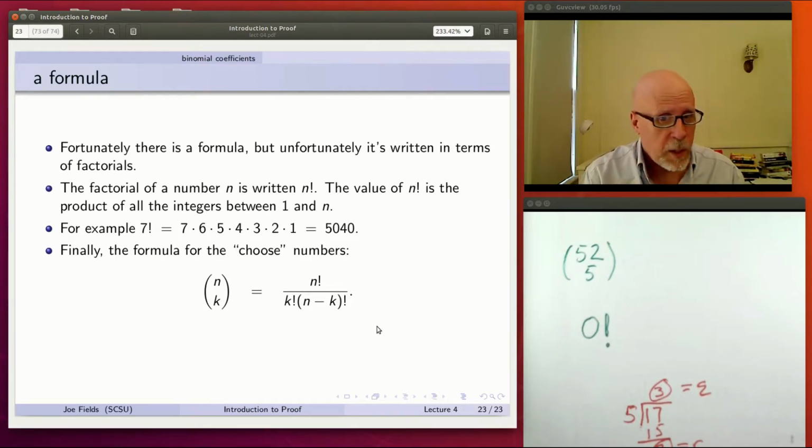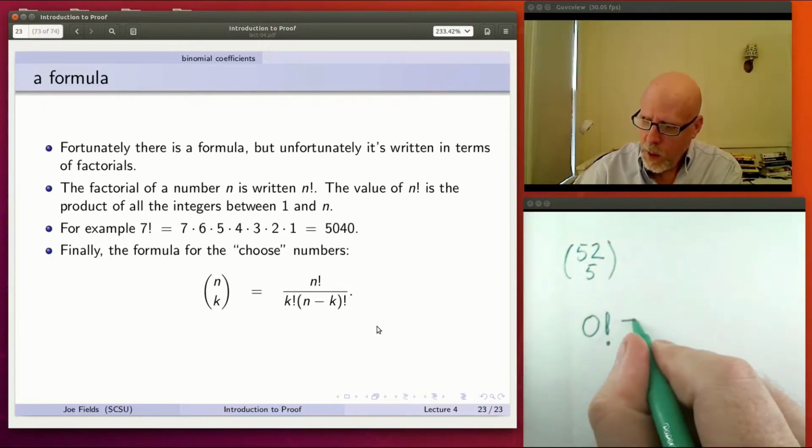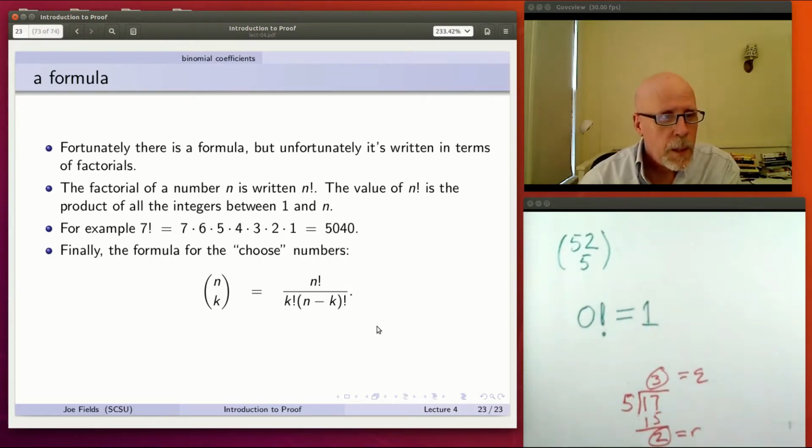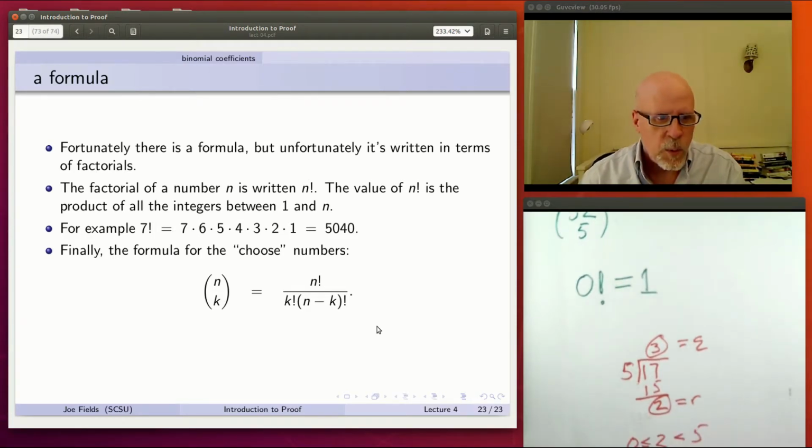And while you might like to think 0 bang should be 0, there's good reason to think that a product that has no members in it should be treated as 1 instead. And so that's actually just defined that way. 0 factorial is 1. I think there are quite reasonable ways to see that it should be that way, but again, that's something we'll speak to later.